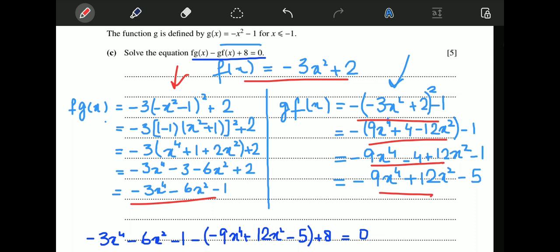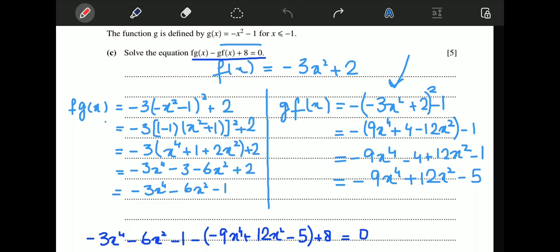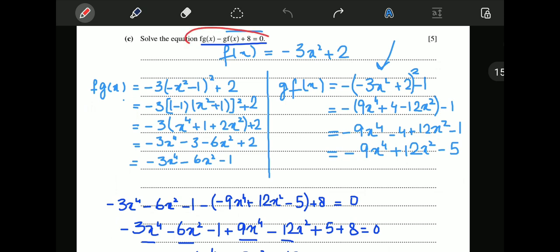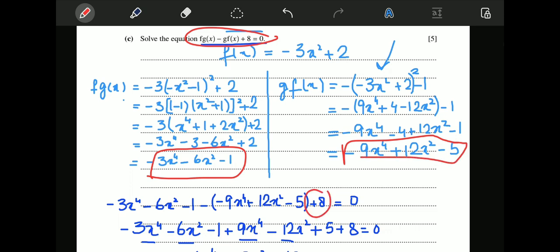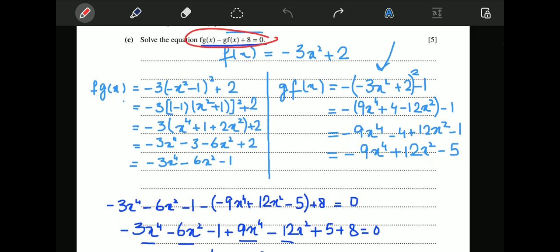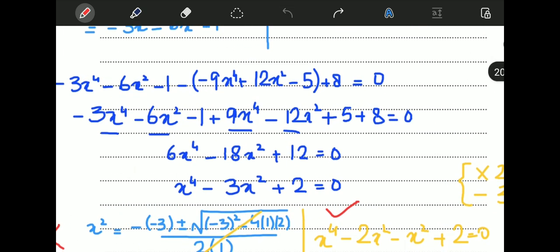So after solving both sides, what we'll do, we'll put this in your required form: this minus this plus 8 is equal to 0. So first write this up as written in the first step, and then simplify it.